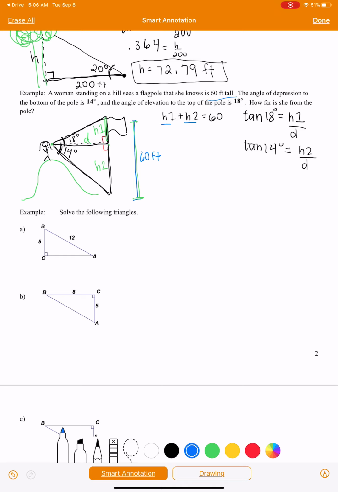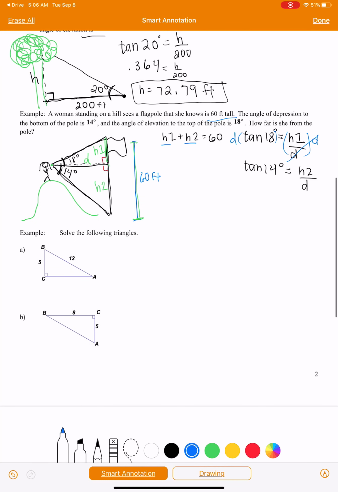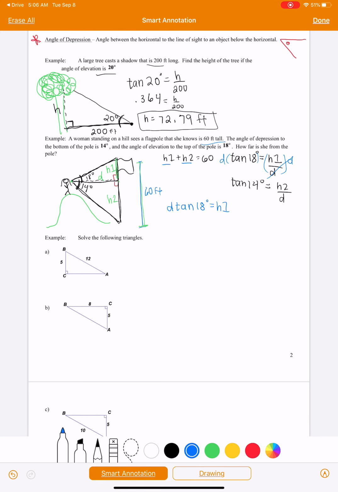First off, if I multiply by D on both sides to solve for H1, I'm going to get D times tangent 18 equals height 1. And if I do the same on the bottom, solving for height 2 by moving D to the other side, I'm going to get D times tangent of 14 equals height 2.